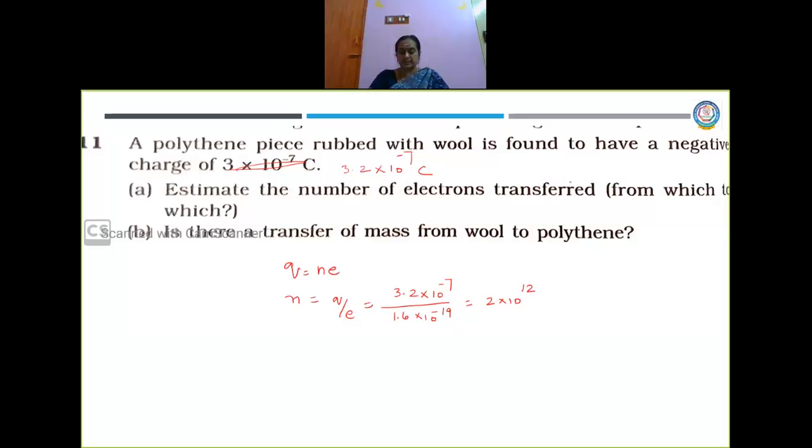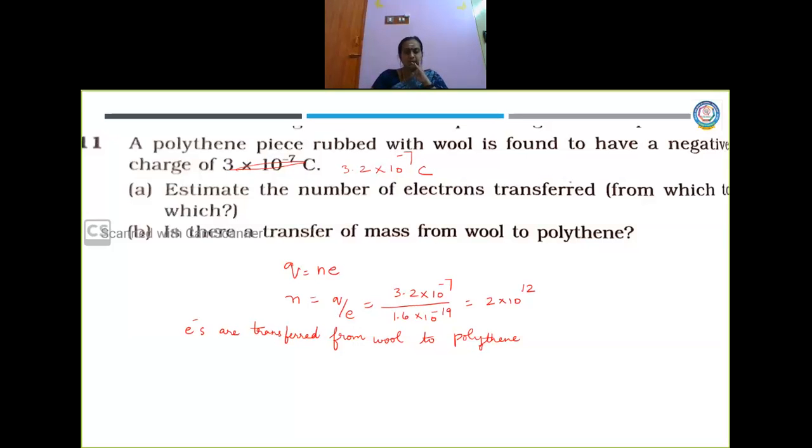Polythene has a negative charge, so electrons are transferred from wool to polythene. This is the answer for the first question.